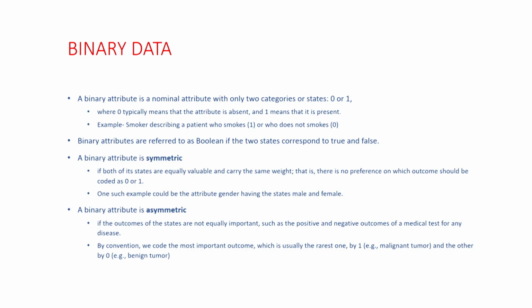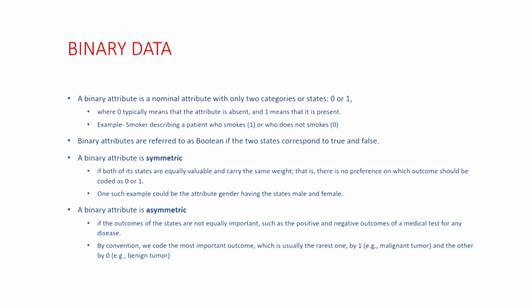Now, a binary attribute can be either symmetric or non-symmetric. Symmetric means these two possible values, 1 and 0, are symmetric. It means that in the data set that contains this binary attribute, there are 50% chances that the value is 0 and 50% chances that the value is 1.